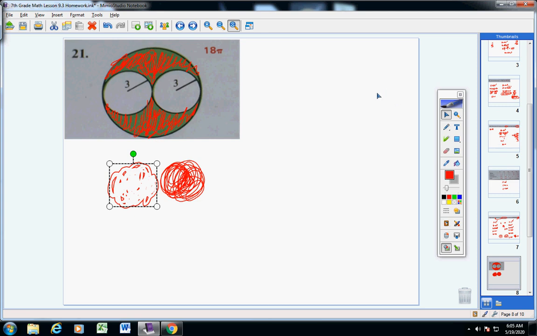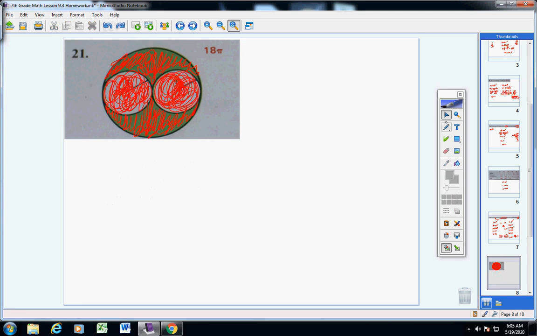So I have to find 3 areas. One big circle and then 2 small circles, and then subtract. Okay, so let's find the area of this big circle.